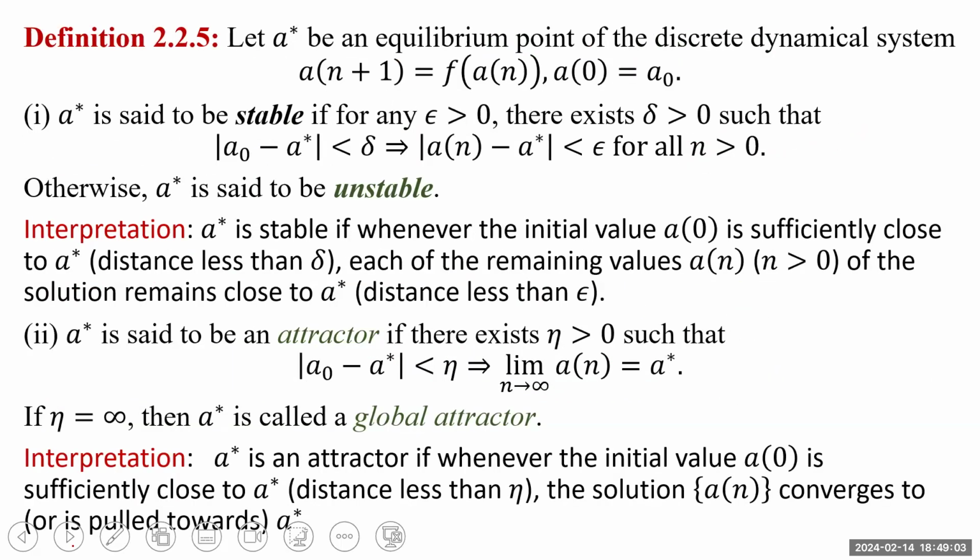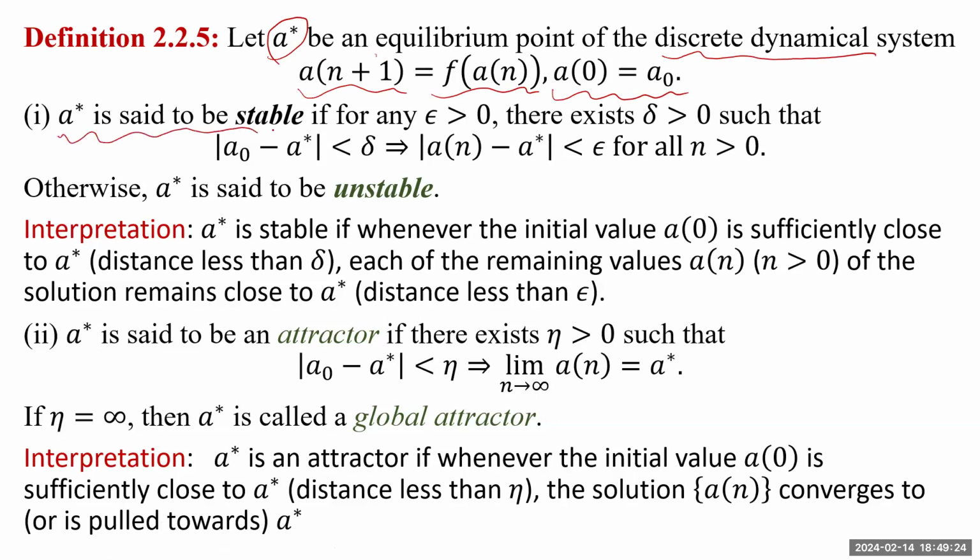Suppose this is our equilibrium point, a*. And for the discrete dynamical system, a_{n+1} = f(a_n), with the initial condition a_0 = a_naught. I am going to say this one is a*. The equilibrium point is said to be stable if for any epsilon greater than 0, there exists a delta greater than 0.